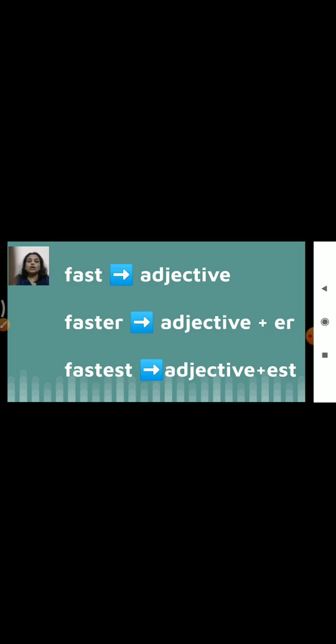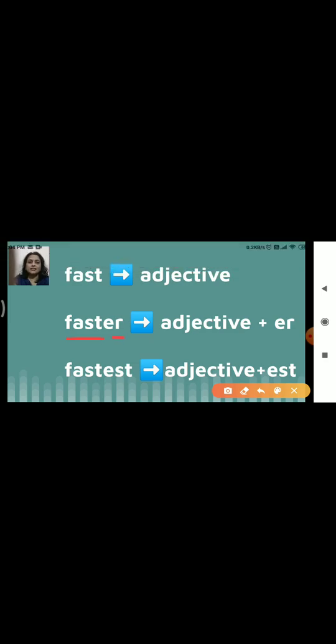And then we got another word, that is faster. So we had these two parts, right? Fast and ER was added. So fast is the adjective and then ER was added and we got the word faster.